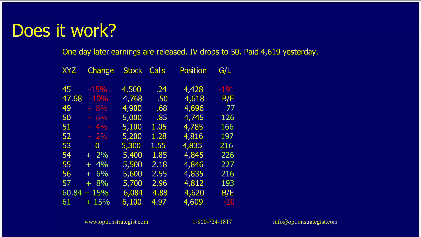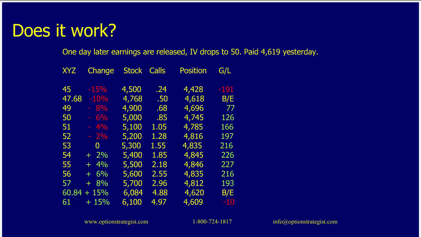But the break even amount is a drop of 10%. Anywhere of less of a drop than 10%, there's going to be a profit. Okay, so we could go all the way to 53. Anywhere between 53 down to 49, or actually down to 47.68, there's going to be some type of profit. This does not include any kind of commissions, of course, right?